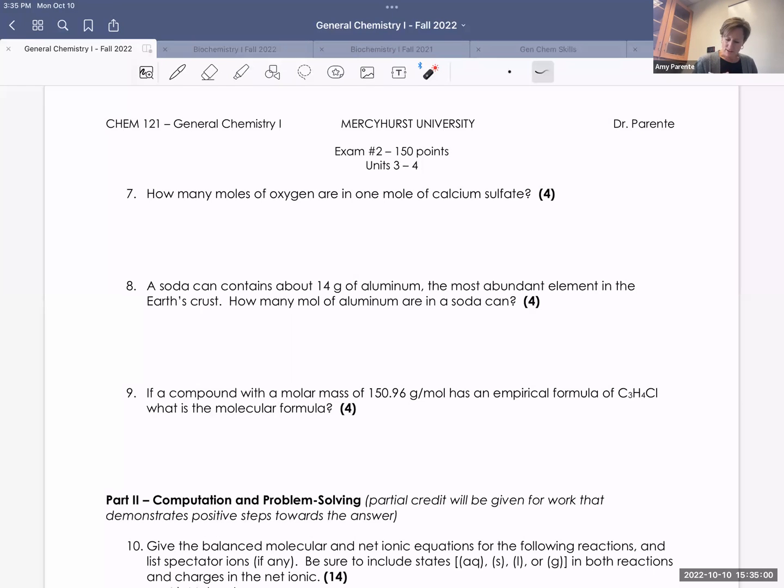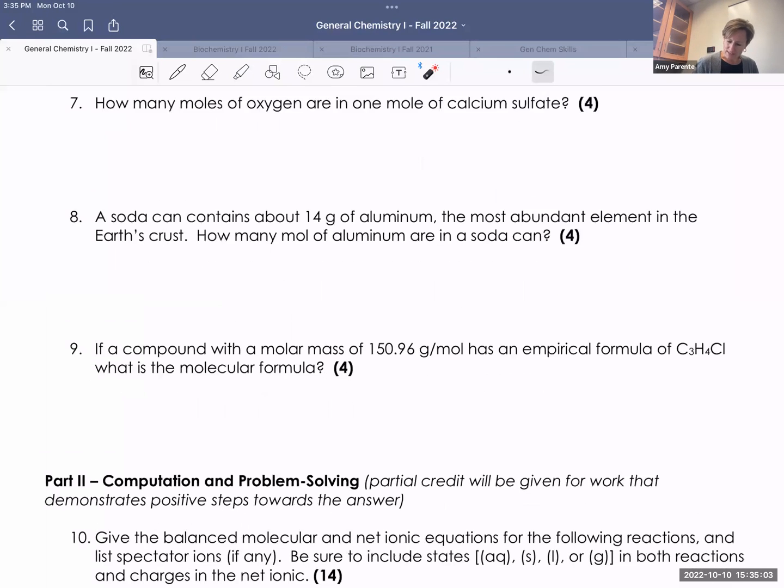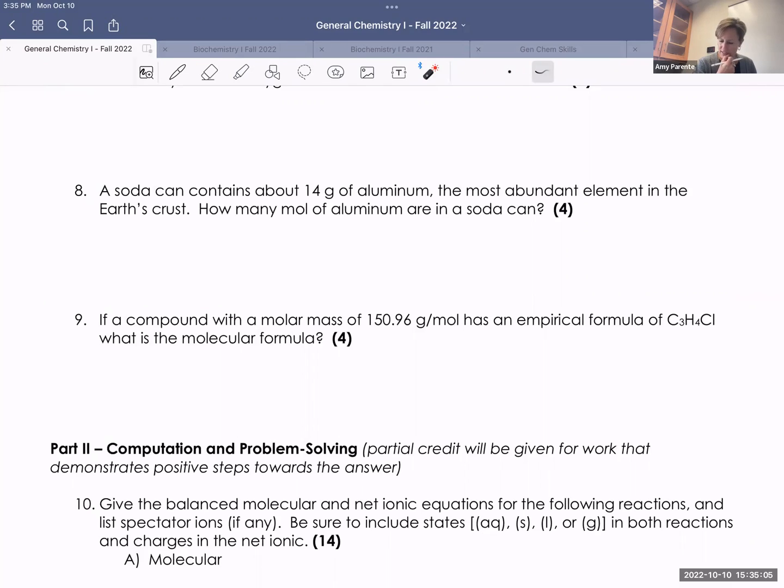Okay, so we know that a compound, they tell us, has a molar mass of 150.96. Remember, the empirical formula is always the simplest whole number ratio. What I can do is ask, what is the molecular weight of this compound? If that compound's empirical formula is also the molecular formula, then this molecular weight should match 150.96.